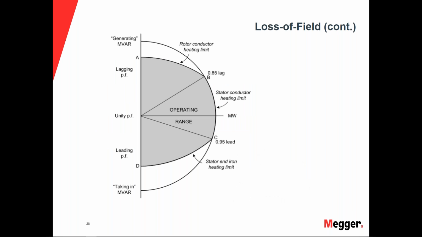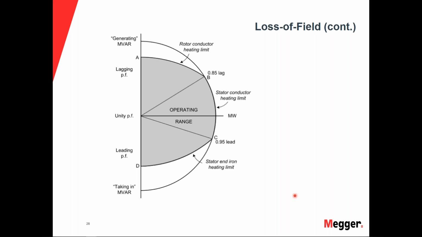Loss of field. When the generator loses the excitation, it operates as a motor, as an induction motor actually, and will eventually lose synchronism to the system itself. The excitation system can be reestablished, but it needs to be within a very quick amount of time.